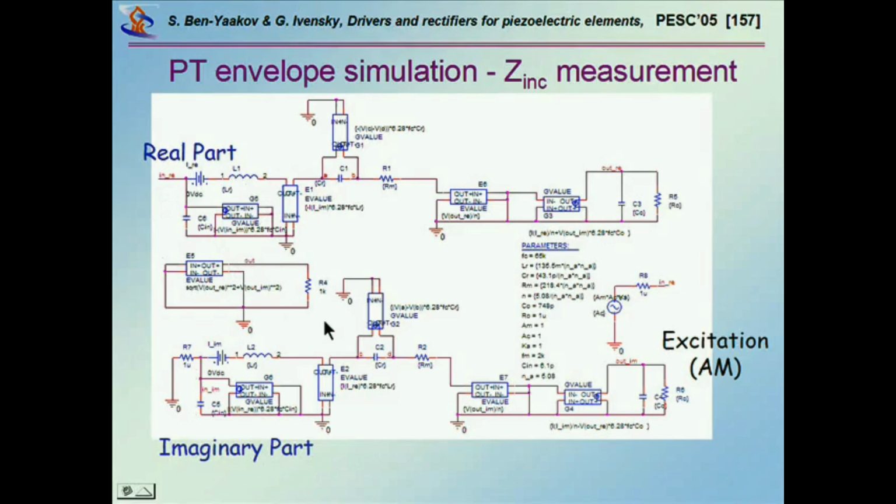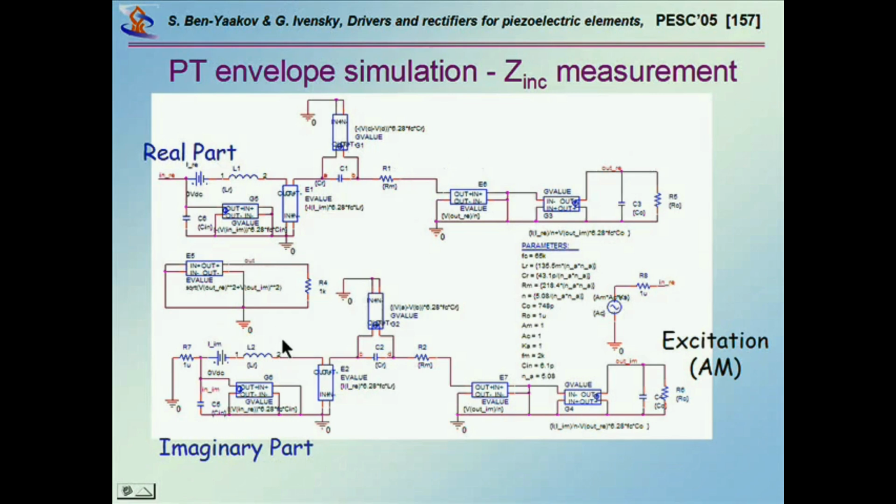As it turns out, when you duplicate it, you also have to add some dependent sources, and the dependence is for the two parts. That is, there is a dependent current source in this case, which is a function of the current here, and there is a dependent current source, which is a function of the current here. So this is part of these techniques of envelope simulation.